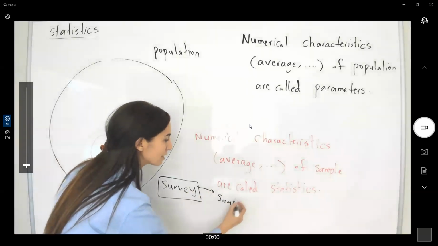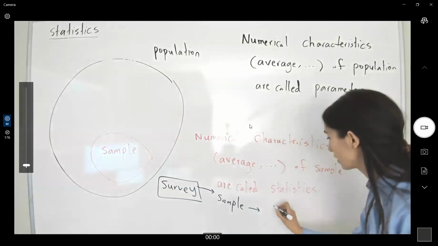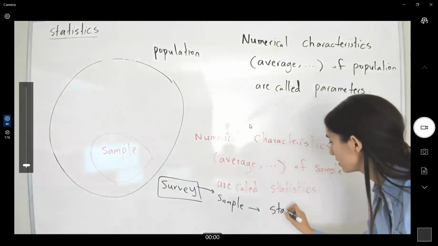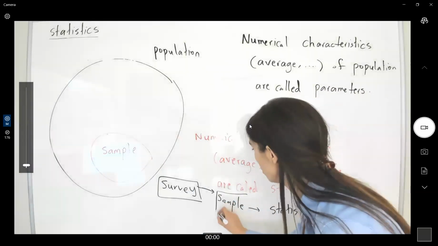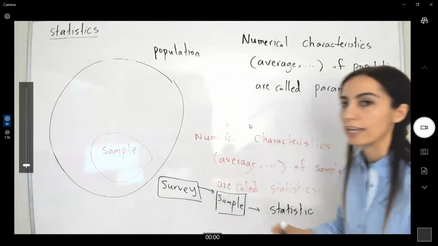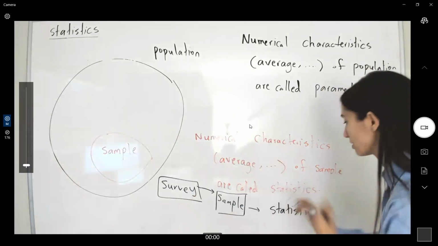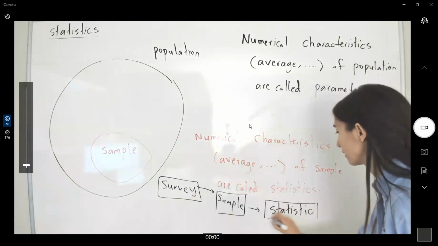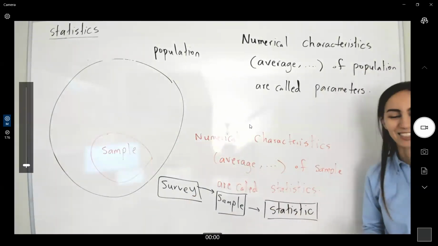When you have a sample, you have a sample statistic, the average of your sample. So these all come together as a chain. Remember that. You have a survey related to a sample. Sample, numerical characteristic of a sample, statistic.